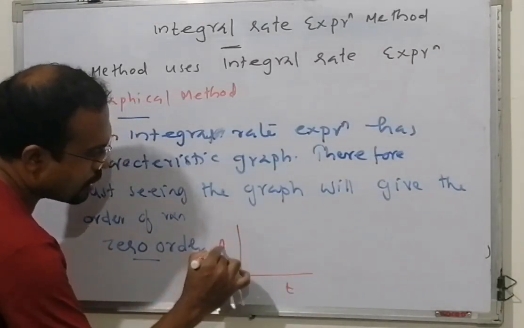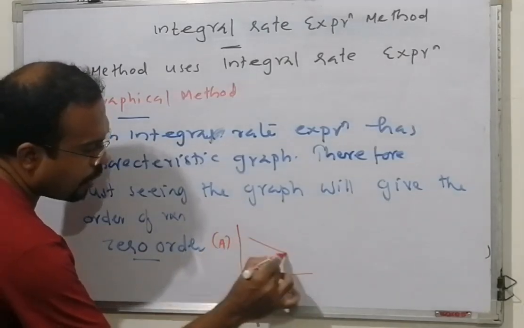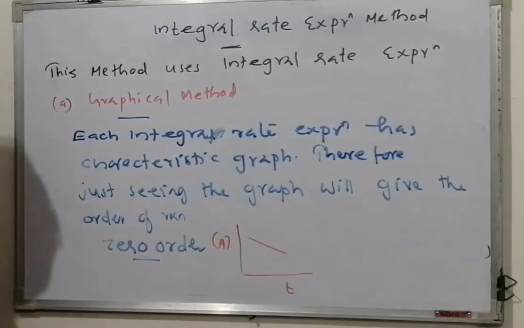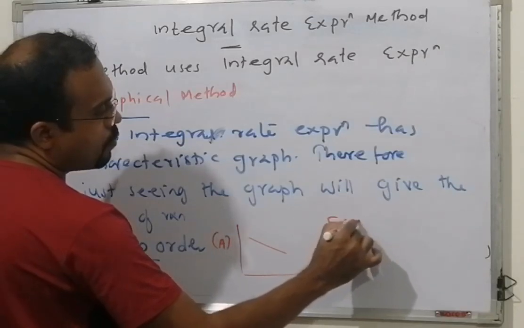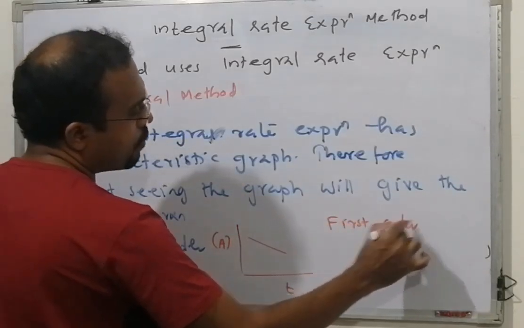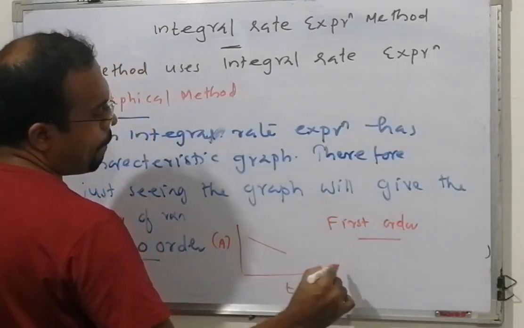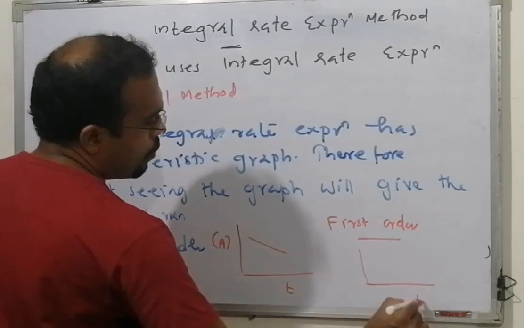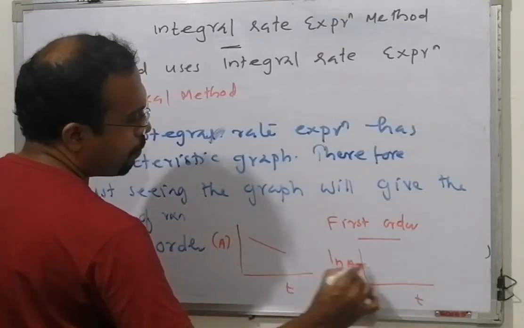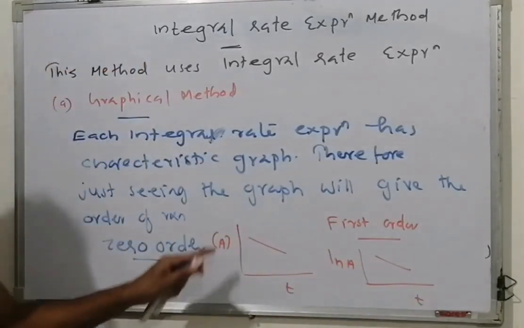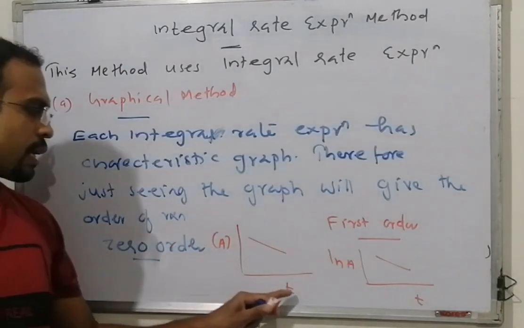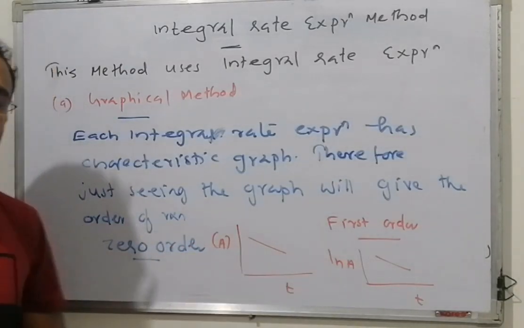Concentration versus t. Okay. First order graph, but ln A. Therefore, for zero order the y-axis is concentration and the x-axis is t. You have a negative slope graph like this.